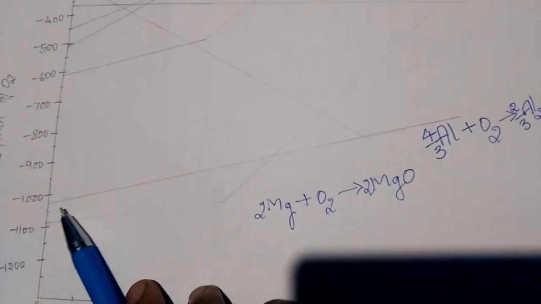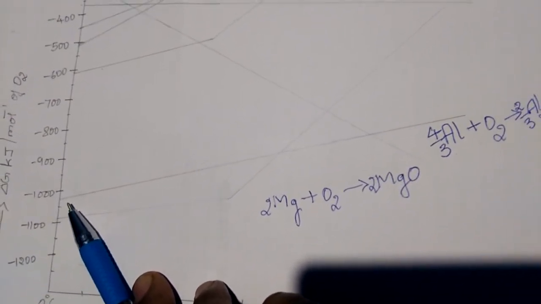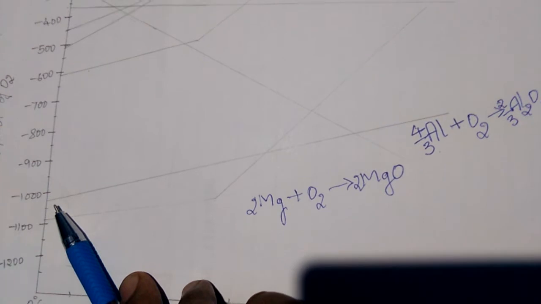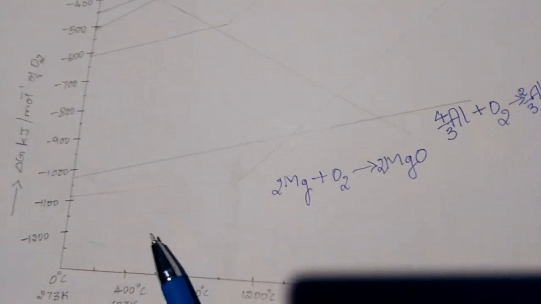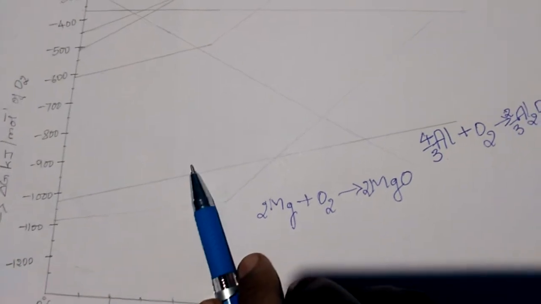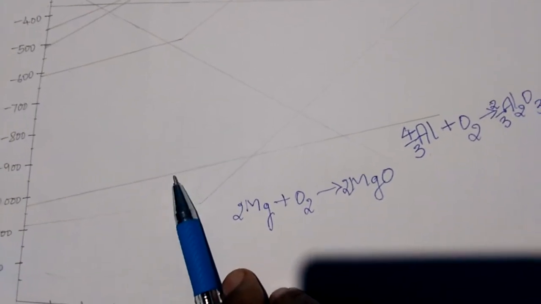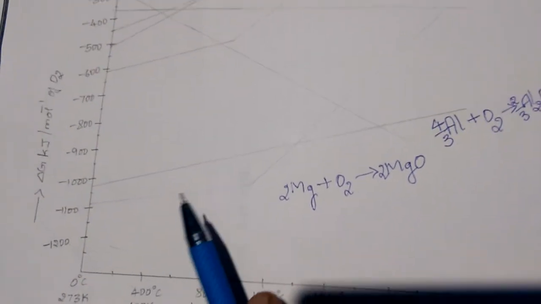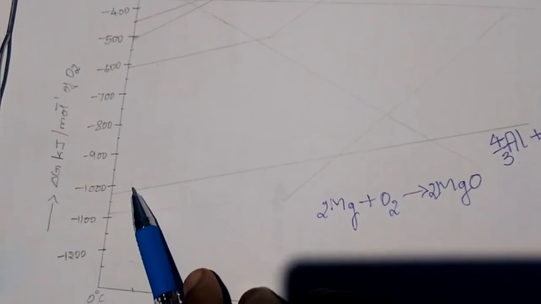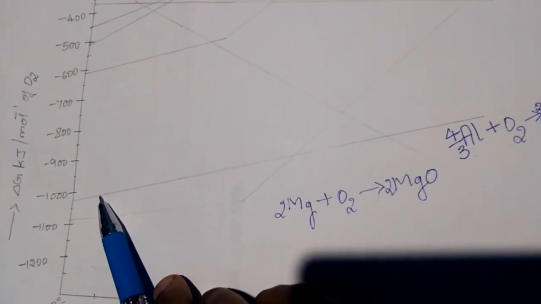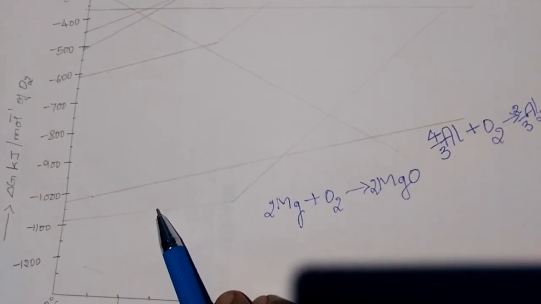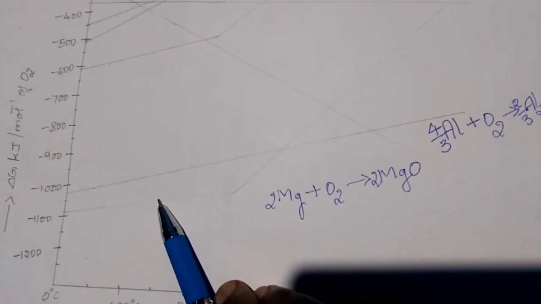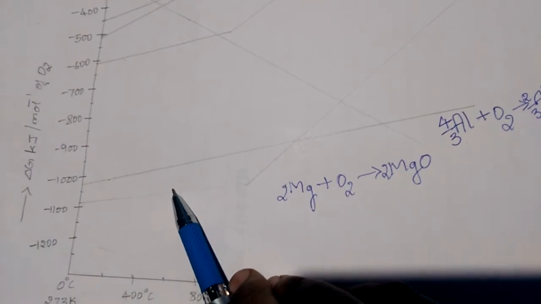Now, at the same temperature, for the formation of magnesium oxide the line is below, whereas for aluminium oxide it is above. It means at the same temperature, delta G for the formation of aluminium oxide is less negative than the delta G for the formation of magnesium oxide from magnesium.